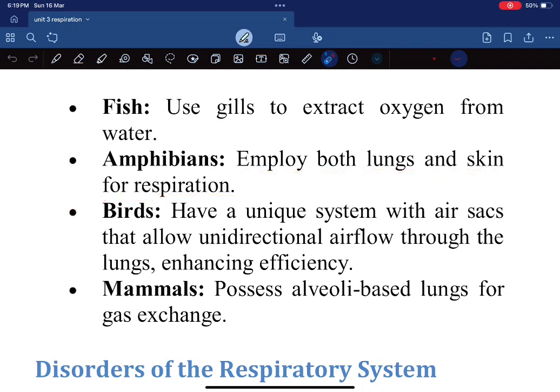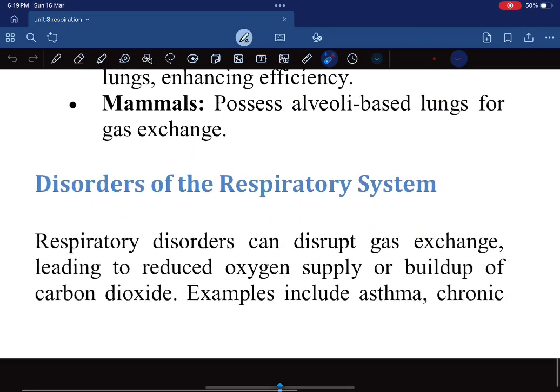Birds have a unique system with air sacs that allow unidirectional airflow through the lungs, enhancing efficiency. Mammals possess alveoli-based lungs for gas exchange.